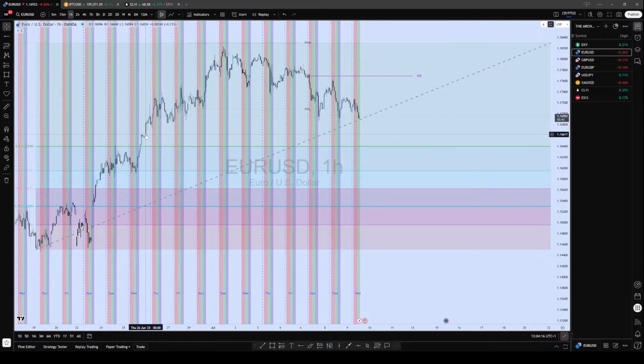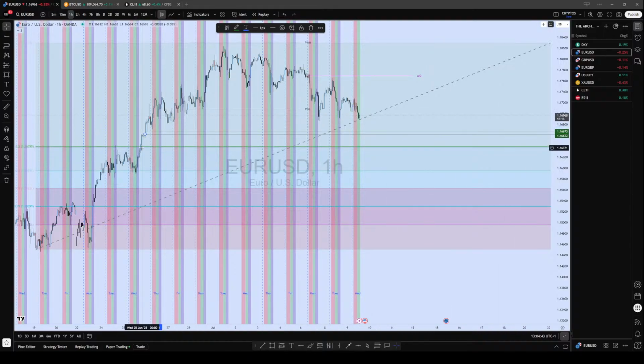Maybe this Asian session gap will give a small pause in price, which comes in at the 1.1667 level. Maybe there might be a pause there, but ultimately I think they will go for the New York session.